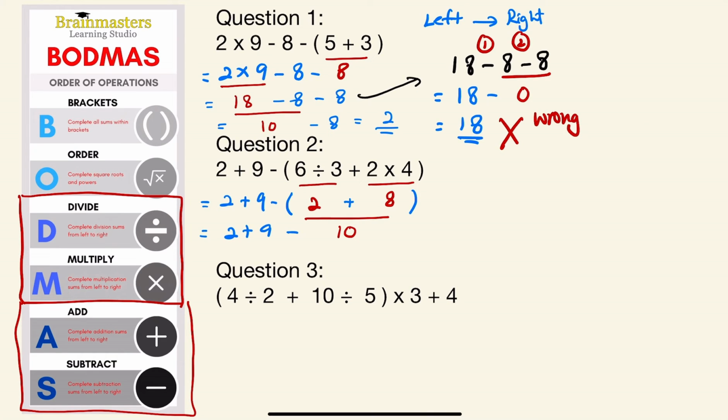Like I said previously, if you have plus and minus, you start from the left, so you do 2 plus 9, which gives you 11. The rest I didn't touch, I bring it down. So the final answer, 11 minus 10, gives you 1.